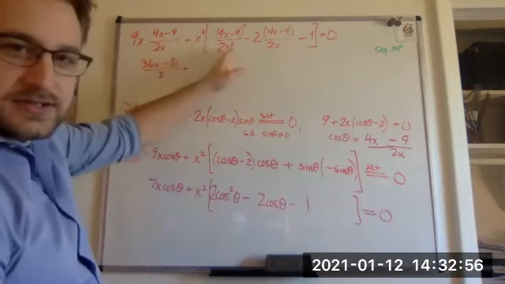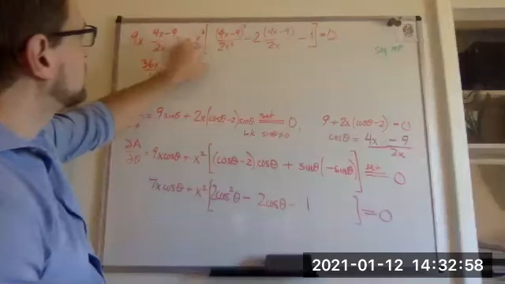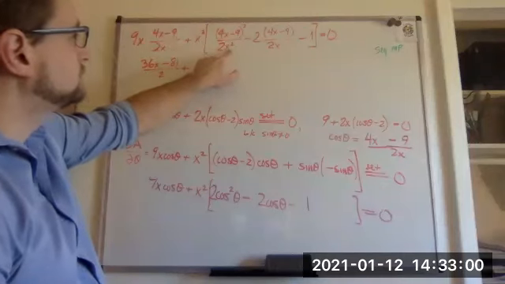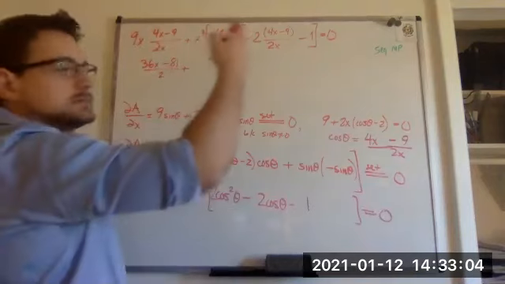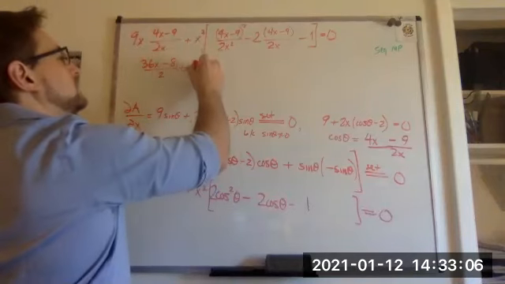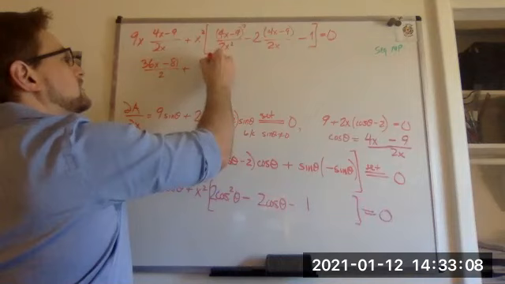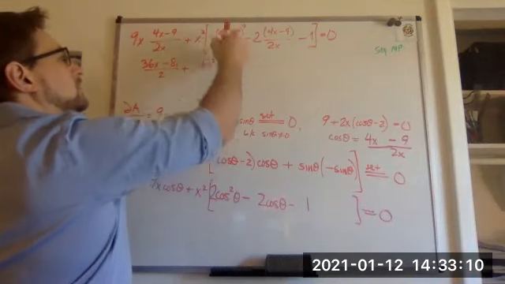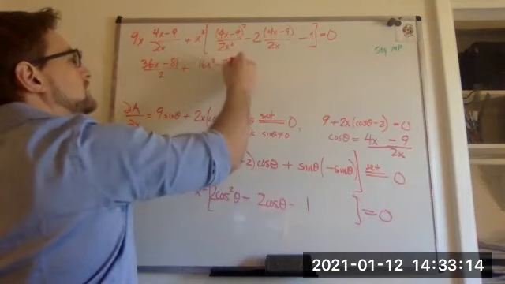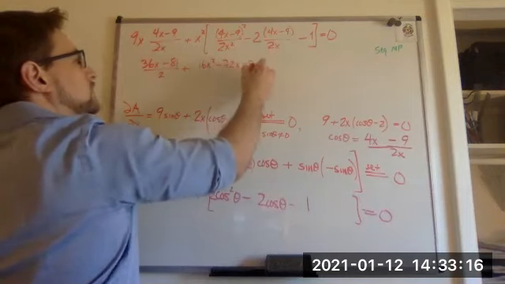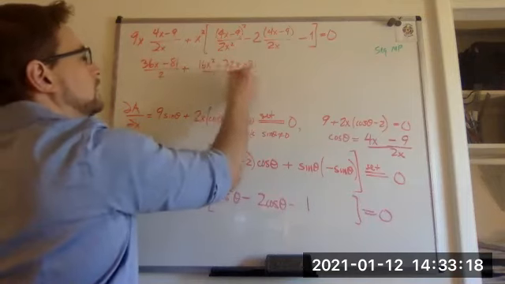If we distribute, the x squared will cancel this x squared. So we'll just have the numerator. I'm going to FOIL that out. 16x squared minus 72x plus 81, all over 2.